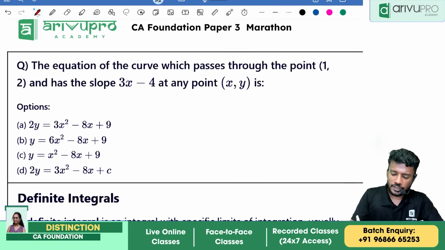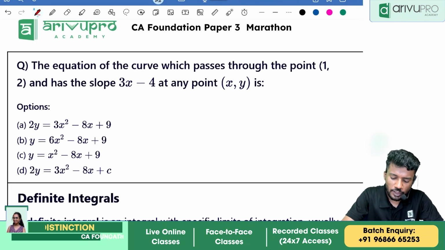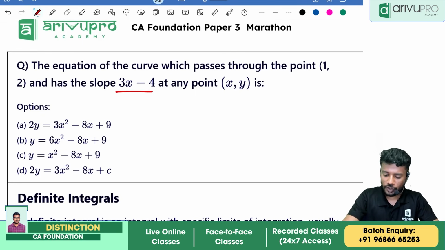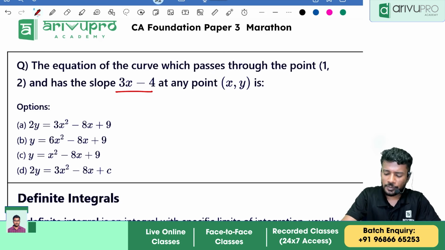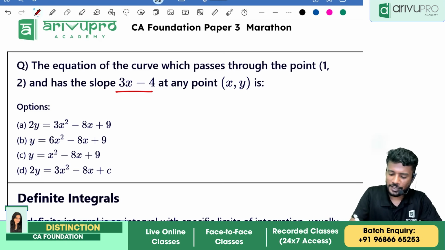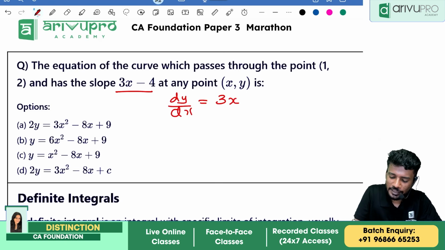The equation of the curve which passes through the point 1, 2 has the slope 3x minus 4 at any point x, y is what? Now people, the slope is given. That means dy by dx is given. 3x minus 4.